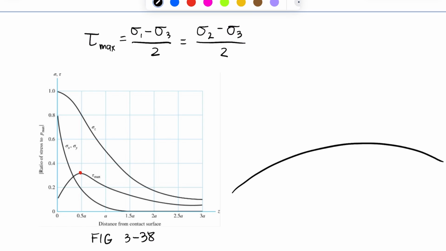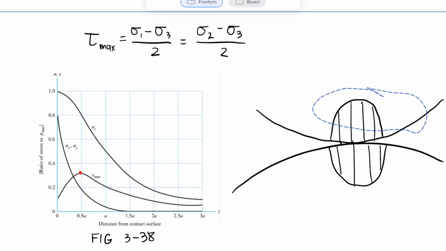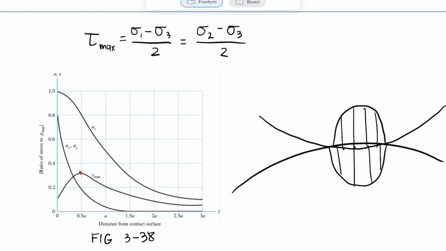So if I try to draw a zoomed in view of contact between a couple of parts, there we go. Here's our kind of contact pressure. Let me try to move this down so it actually contacts there.